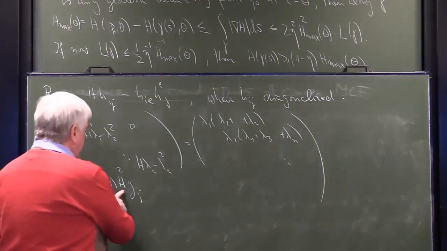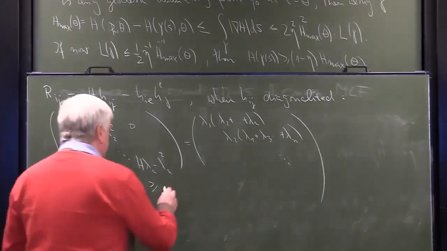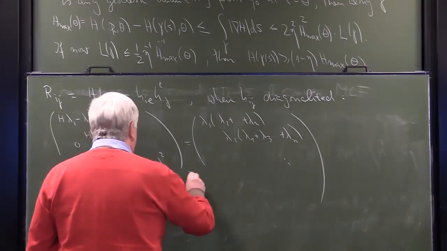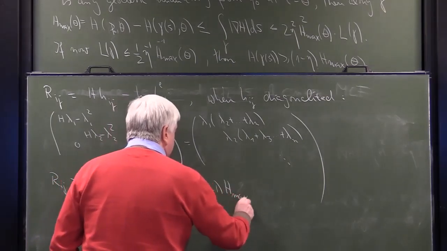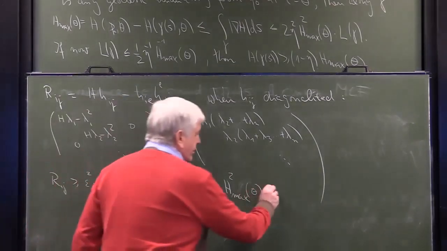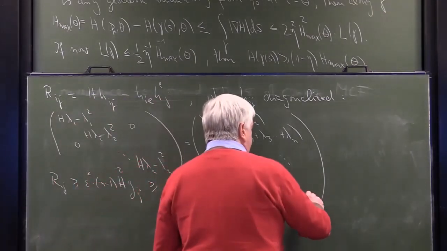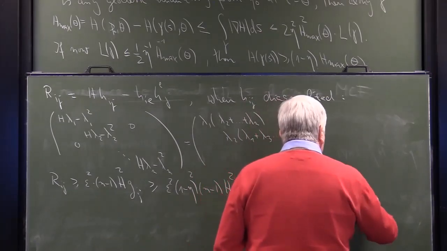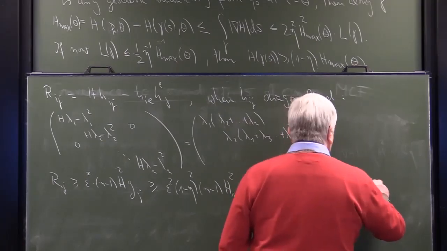But this h squared, on the other hand, along the geodesic we have just seen is bigger than epsilon squared times (1 minus eta) squared times n minus 1 times h max of theta squared times g_ij. So the k here for Meyer's theorem is equal to epsilon squared (1 minus eta) squared times h max squared.